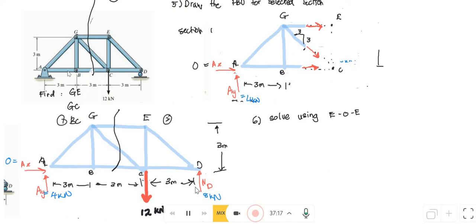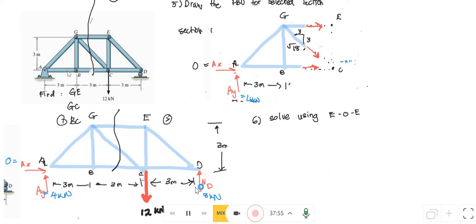Very nice FBD, clear, clean. So we know that the height is 3, and the length between these 2 points is 3 meters. We have here square root 18.